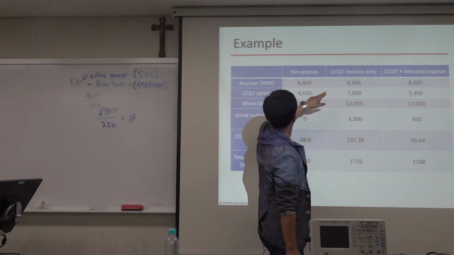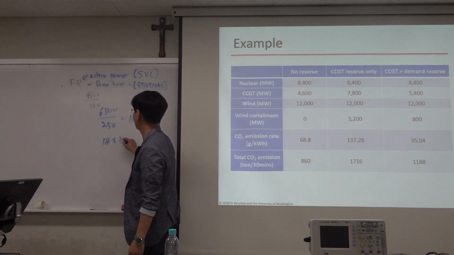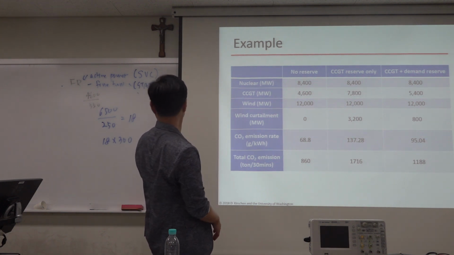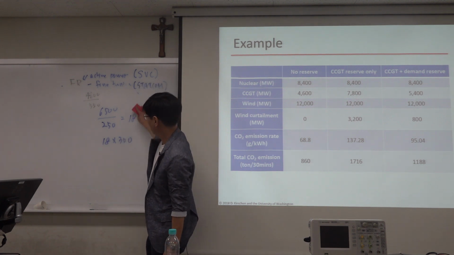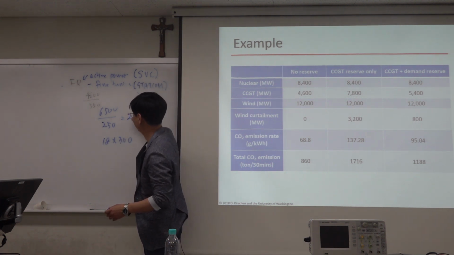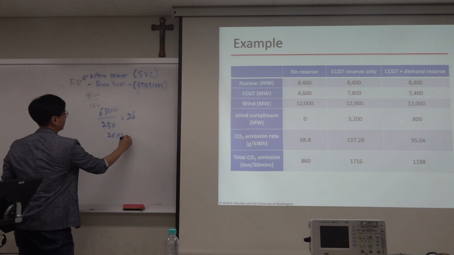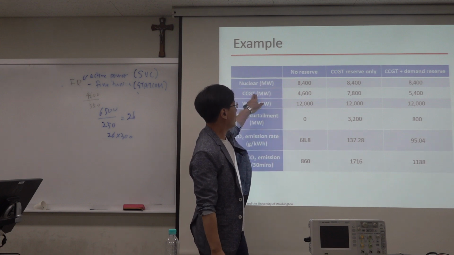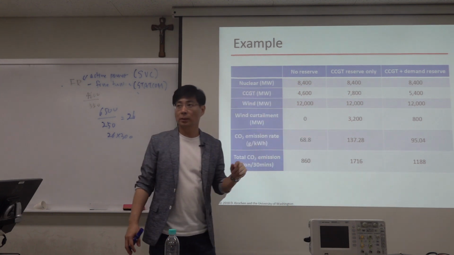So nuclear power plant, and then 18 times 300. Is that? No. What is it? 26. I'm sorry. Okay, good. Then 26 times 300 is this one. Okay. So the output power of CCGT is determined from satisfying the reserve requirement.